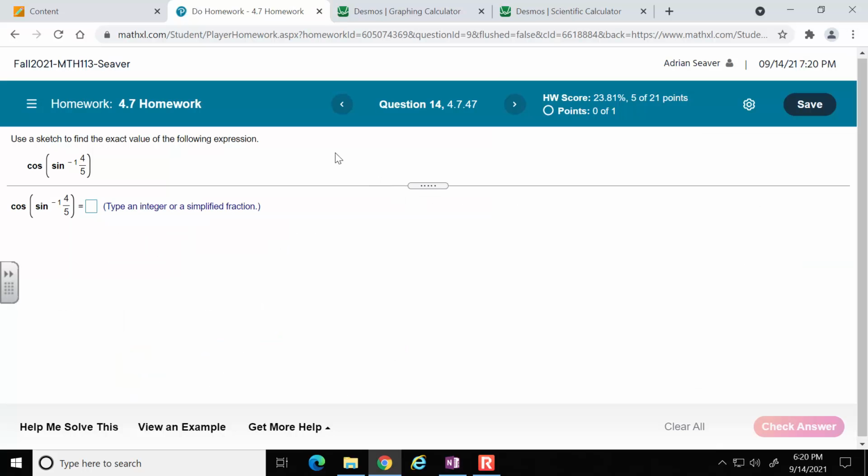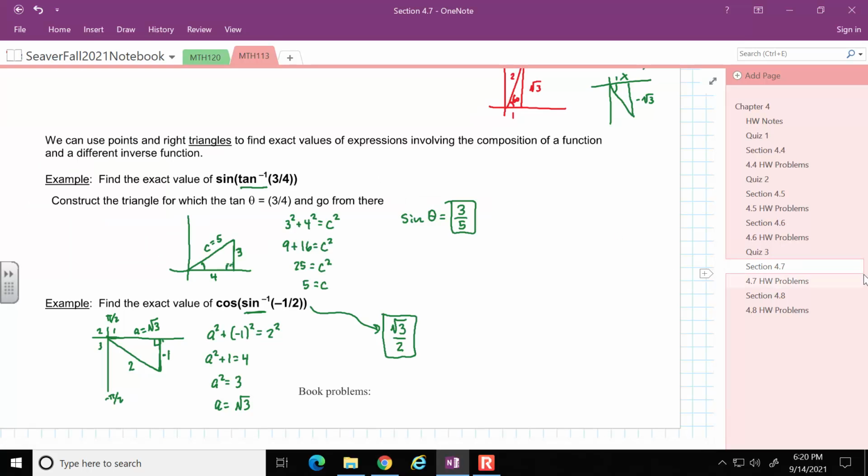And I believe the homework's going to say the same thing. So the cosine of the inverse sine of 4/5: this is one of those good triangles for us. The inverse sine is 4/5, so the opposite side is 4 and the hypotenuse is 5. I'm in the first quadrant.